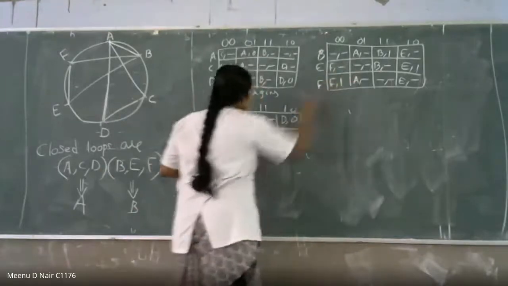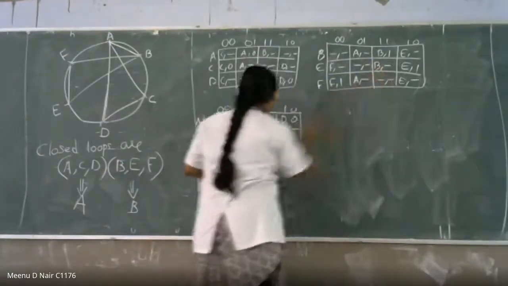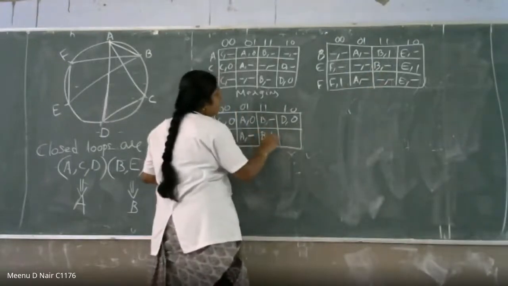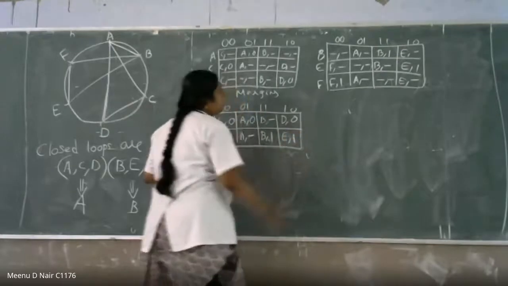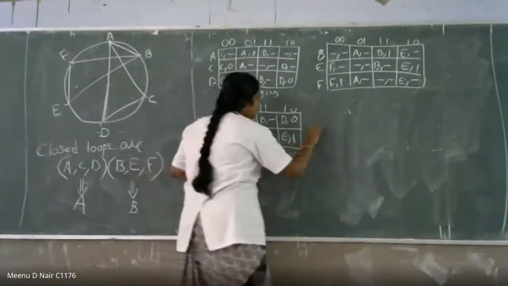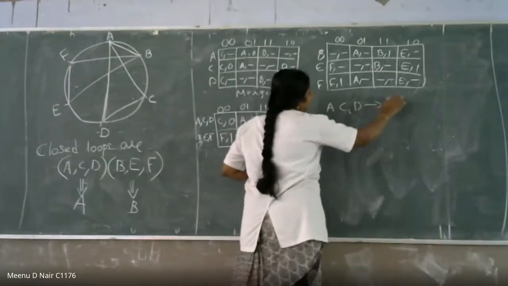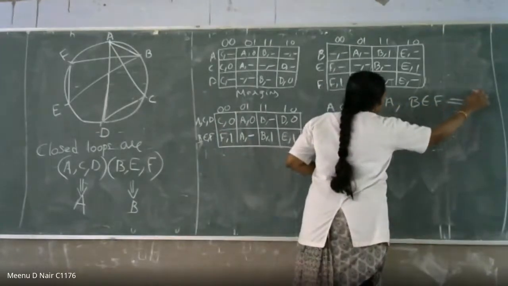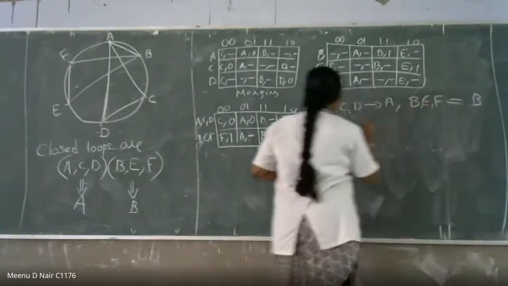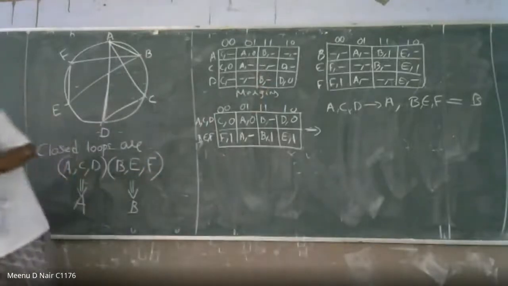Here you can write A, comma, dash. Here you can write B, comma, 1. And here you can write E, comma, 1. Okay. So you are replacing B, comma, E, comma, F as B, and A, comma, C, comma, D as your A. So what are you going to do here?